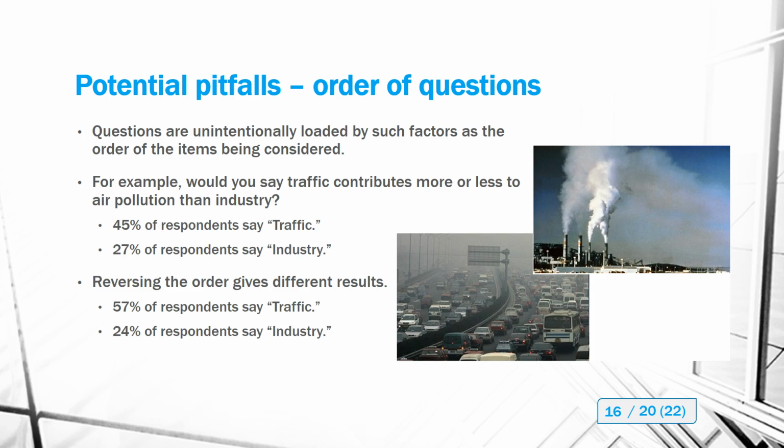You can see how the numbers change here on the screen. So looking at this, 27%, 24%, those are around the same ballpark for industry. So I wouldn't say that that's substantially changed. But for traffic, there's a significant difference between 45% and 57%. So how you order the questions makes a big difference to the results that you get.